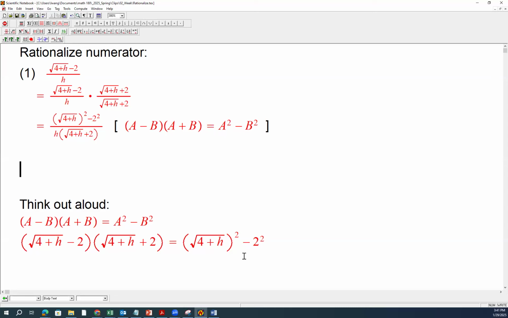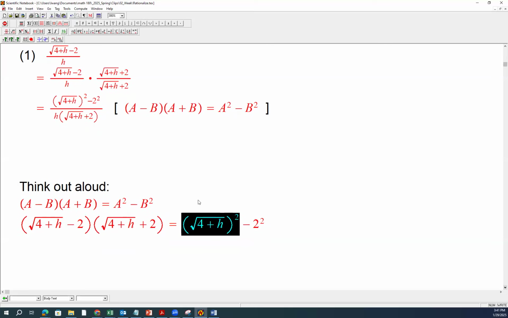And then what's next? Well, 2 squared is 4. How about this piece? For this piece, we need to know that the square root of x, in parentheses, squared, equals x.